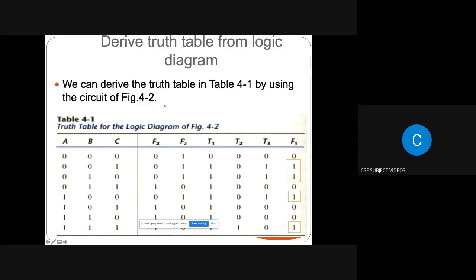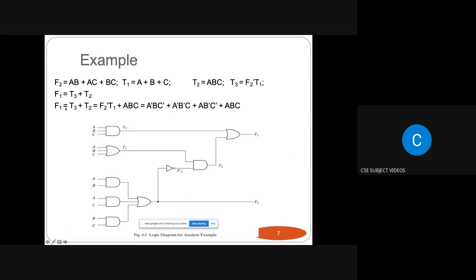And next is the truth table. So how are we going to obtain the truth table for this circuit diagram? Consider here the circuit diagram.